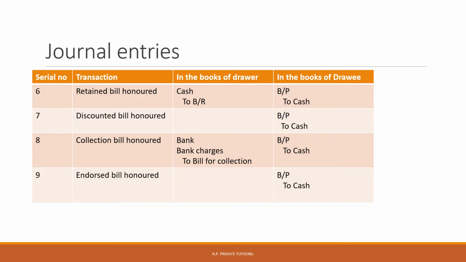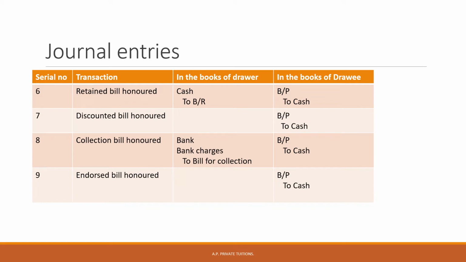What is the reason? What is the meaning of bill discounted? Before maturity, the drawer, if he is in need of money, he goes to the bank. Bank gives him the money. If you remember, the example I used to give you when I taught you this topic, 2000 rupees bill is there.